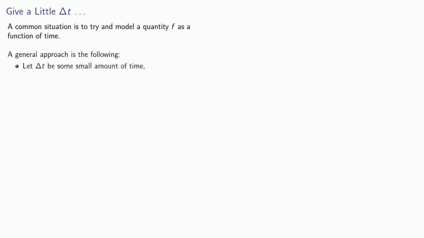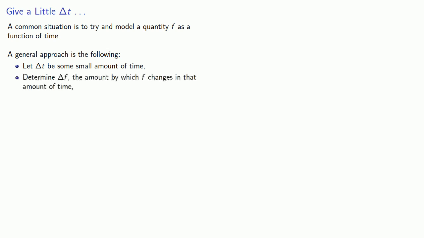Unfortunately, we don't live in that universe, and most differential equations don't mention anything about a rate of change. So how can we create a differential equation? A common situation is to try and model a quantity f as a function of time, and this leads to the following general approach. Let delta t be some small amount of time.